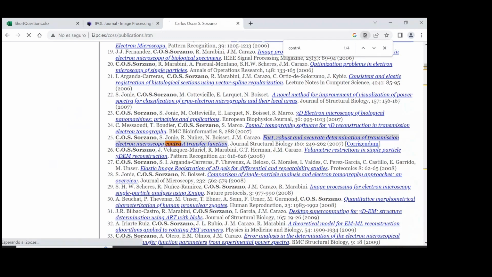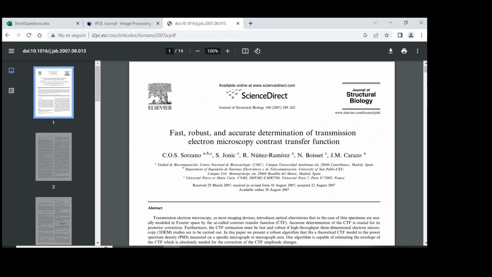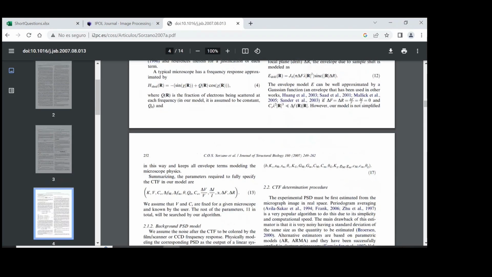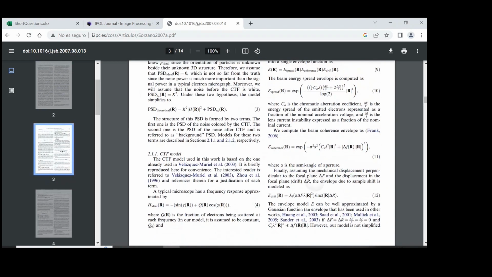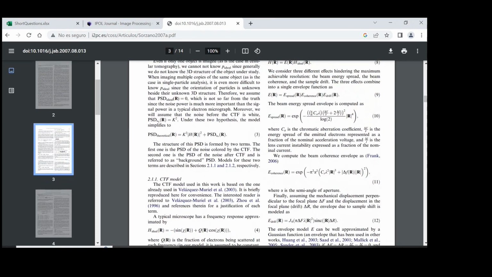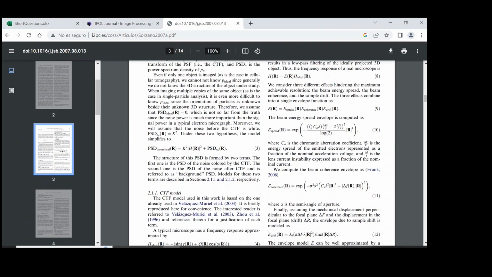This one here. You see the same kind of equations we have been seeing. The power spectrum that you should observe is a flat constant times your filter plus the power spectrum of the noise.